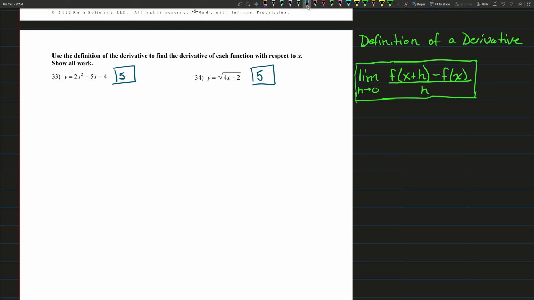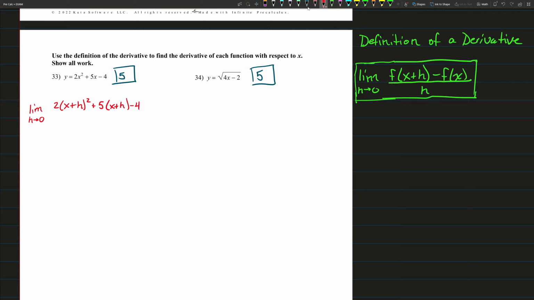But what I mean by that is actually using the f of x plus h and minus f of x. So if we do this on number 33, f of x is 2x squared plus 5x minus 4. So if we're taking the limit as h approaches 0 of f of x plus h, that's going to be 2 times x plus h squared plus 5 times x plus h minus 4.